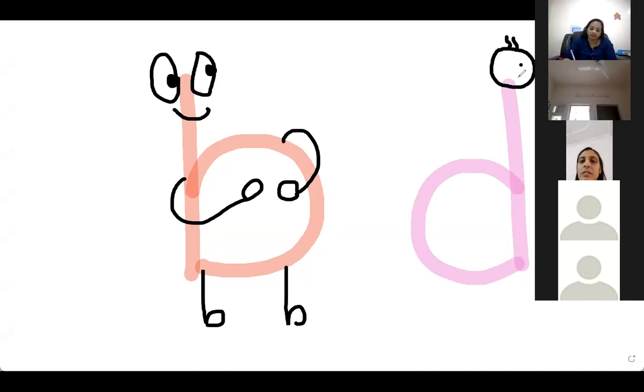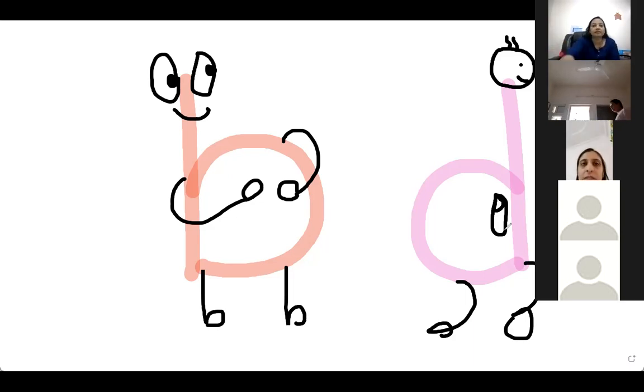This is a small cute baby and it's crawling. Then make a safety pin also here, something like this, to show that it's a diaper. If you draw these things, they will relate to it, they will remember it. The diaper is made like this. And you tell them D diaper, B belly.